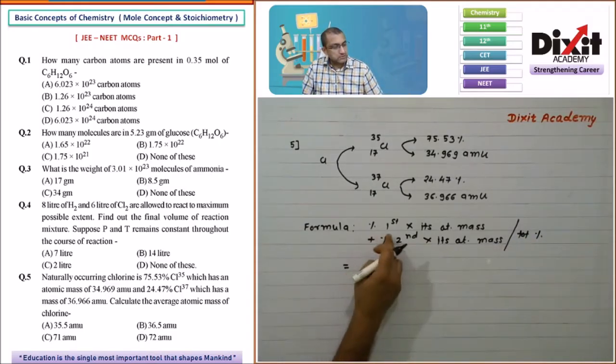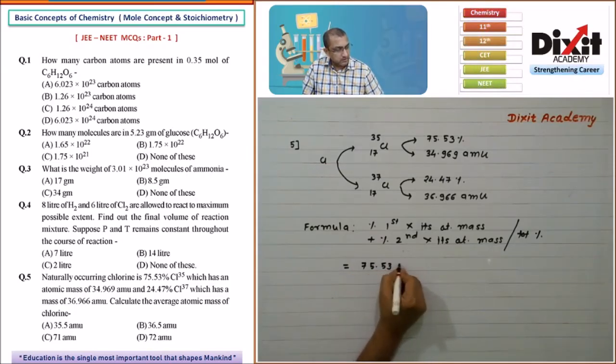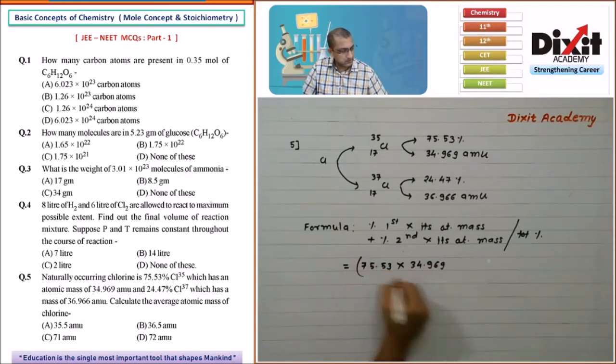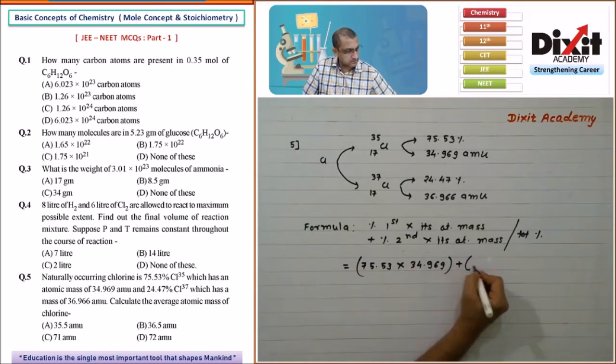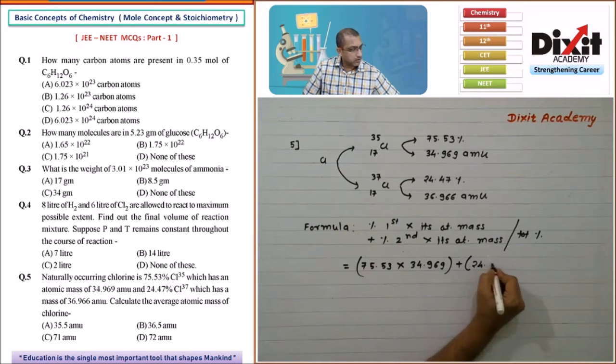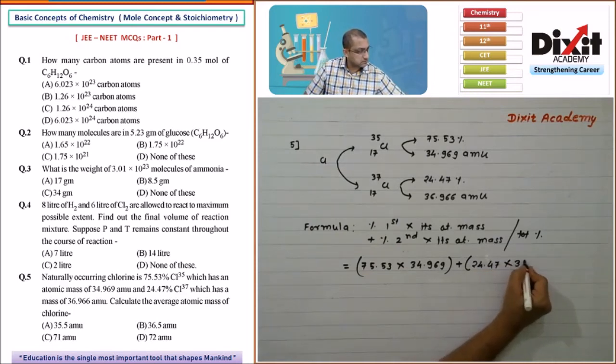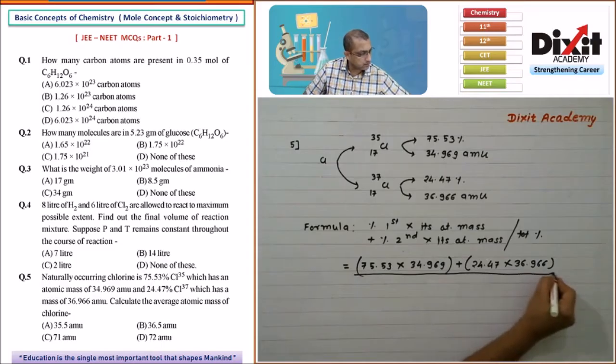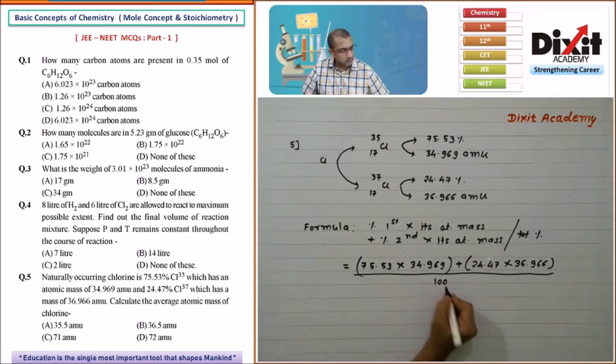So that is equal to percentage of first, 75.53 into its atomic mass 34.969, plus percentage of second, 24.47 into its atomic mass 36.966, whole divided by 100.